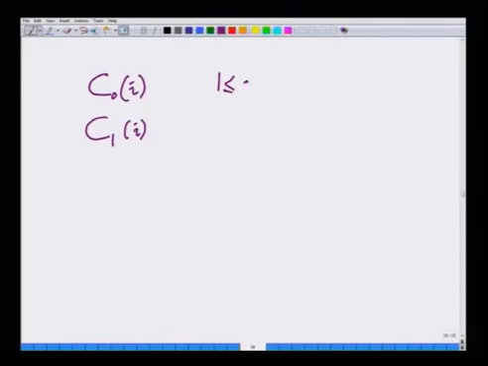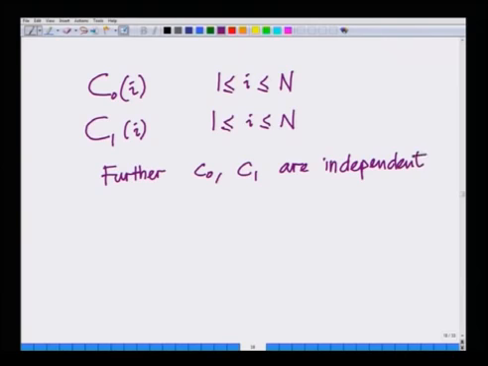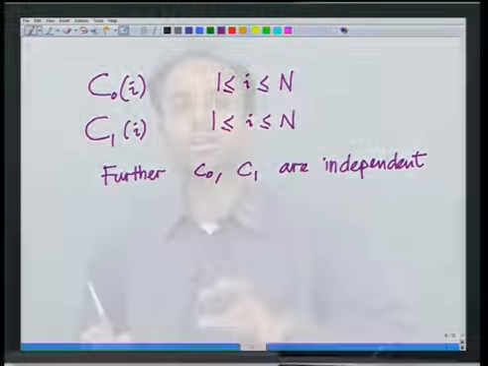These are of length n, that is 1 less than or equal to i less than or equal to n, and further C0 and C1 are themselves independent. That is, the chips of C0 have no relation to the chips of C1; both sequences are generated as independent random events.